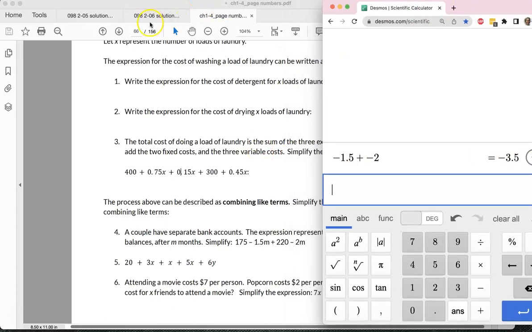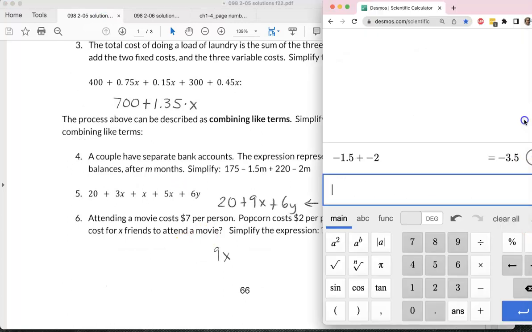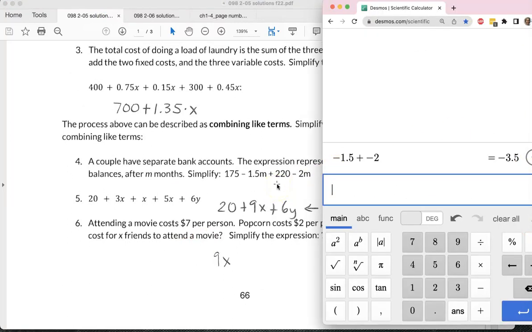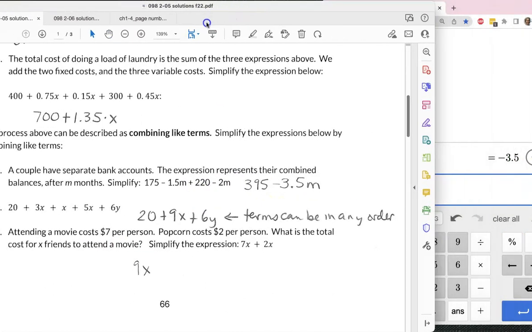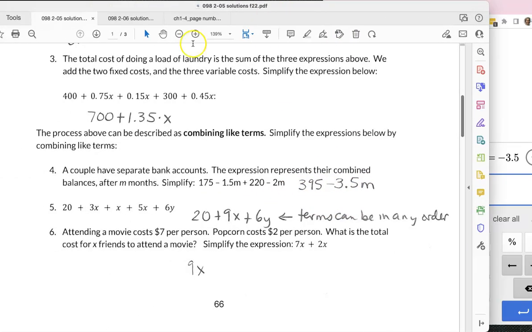So the result here was 395 minus 3.5 times m. Since these were both m terms, then this is still negative 3.5 with an m on the back, or times m. So that's me combining like terms in that expression.